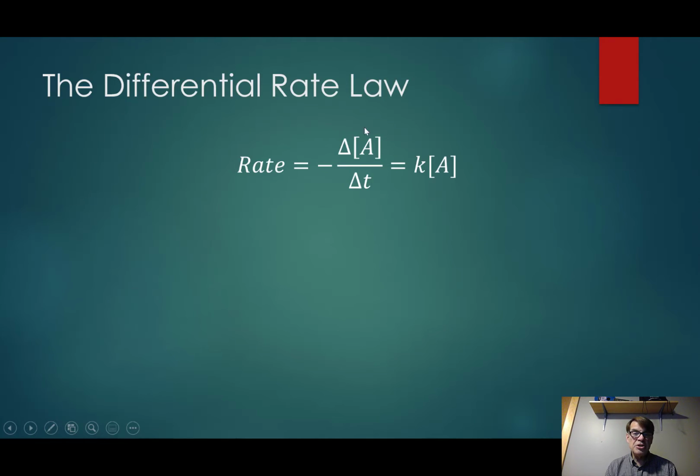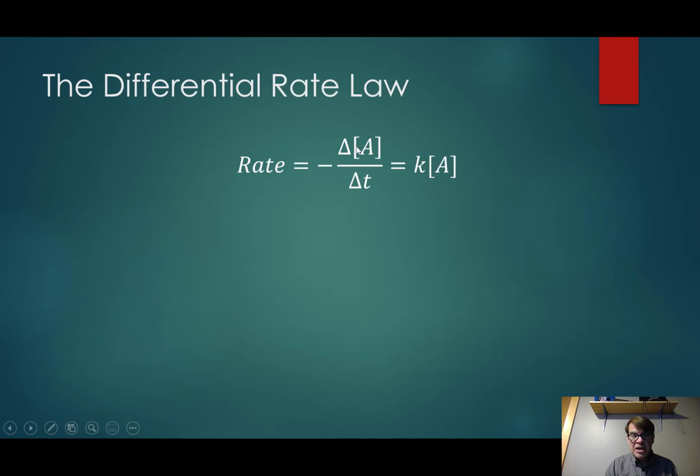So the change in concentration, delta concentration A, and in the previous video we learned that delta means change in. So the change in concentration of A, because it's a decomposition reaction, it's negative, right? So this delta concentration of A is a negative number. But by convention, I don't know who made these rules, someone in a faraway place a long time ago said, rates always have to be positive.